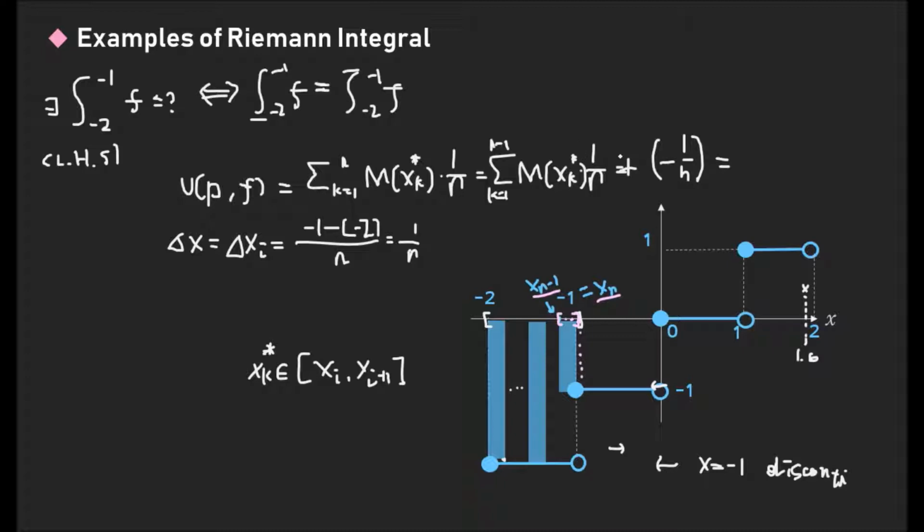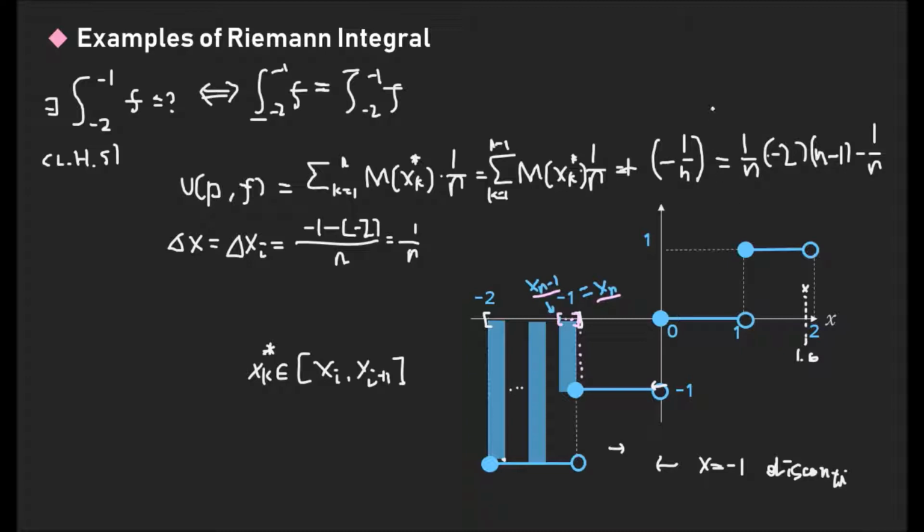So the sum is 2/n, but the total number of terms is n minus 1.